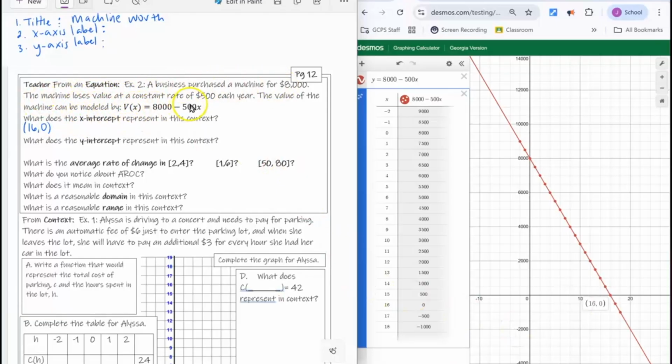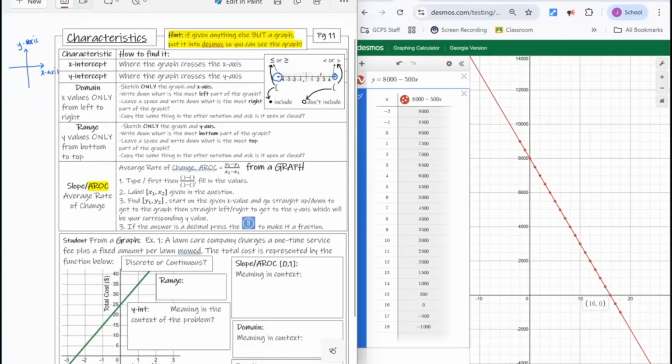It can be modeled. It doesn't say. Each year. Here we go. So for me, the X is time each year, in years. And then the y-axis is it loses value, or in dollars. So this is value in dollars.